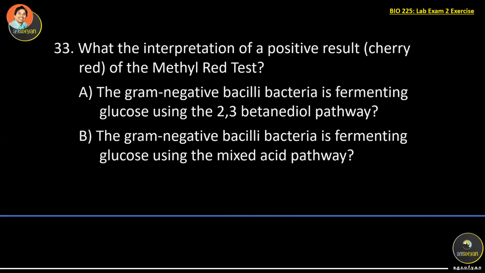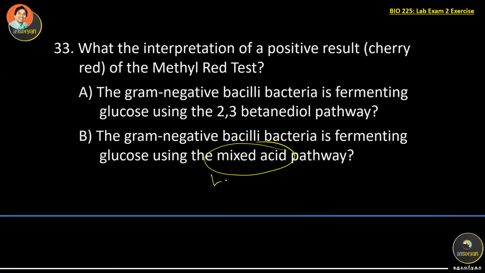What is the interpretation of a positive result, cherry red, of the methyl red test? A or B? I mentioned before, this is for testing the ability of gram-negative bacilli bacteria to ferment glucose using the mixed acid pathway.